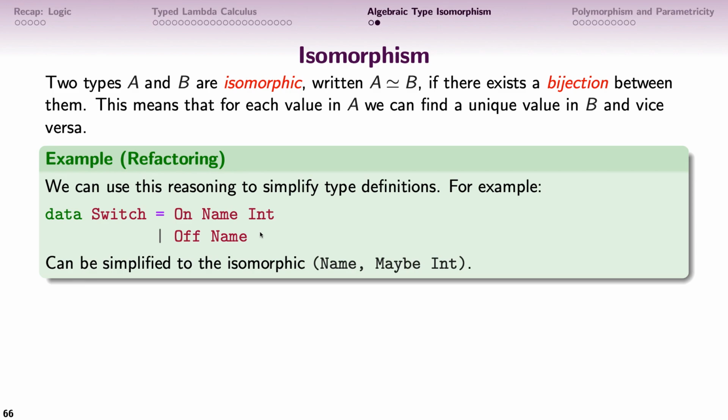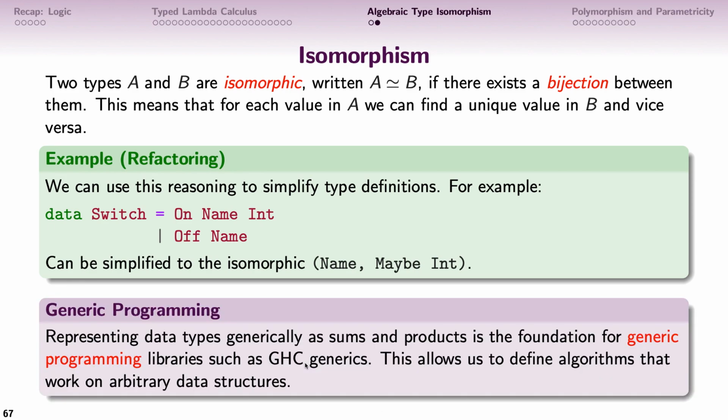Another use case is generic programming. So the word generic programming is unfortunately heavily overloaded. There's many different notions of what's called generic programming, but in functional programming and in programming languages theory, we generally refer to generic programming as ways to define algorithms that work on any data structure.